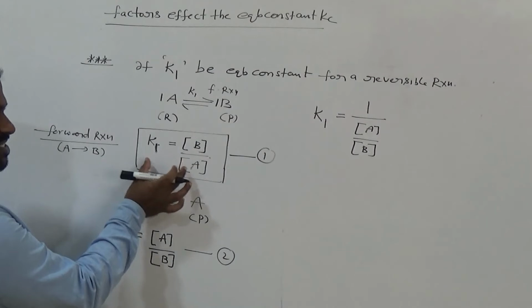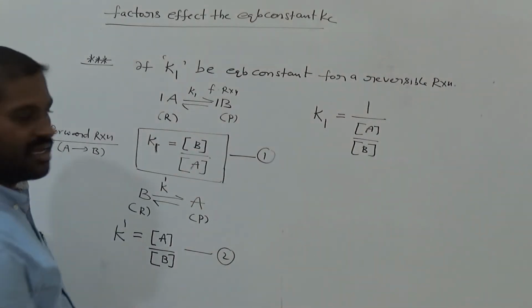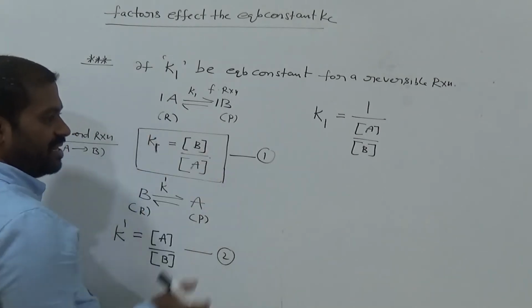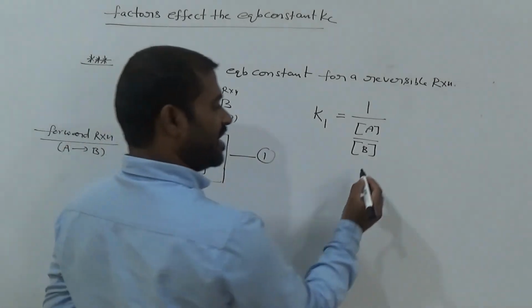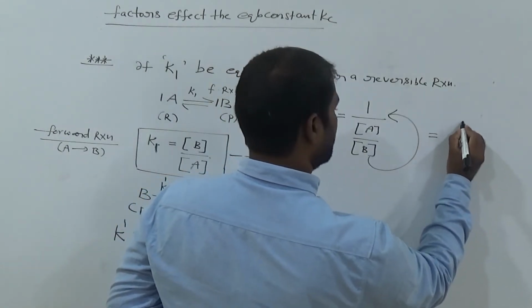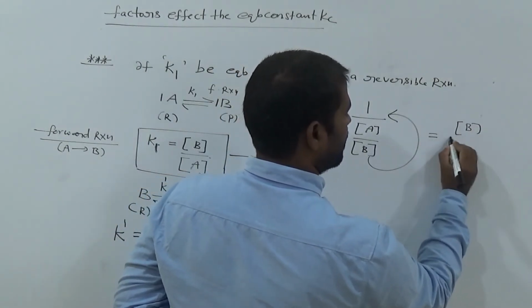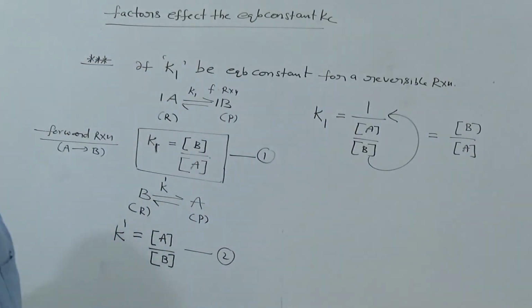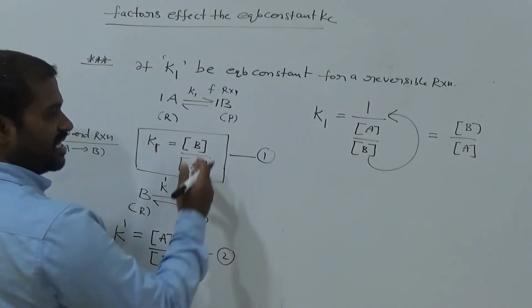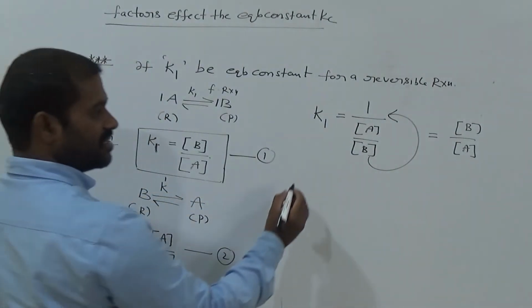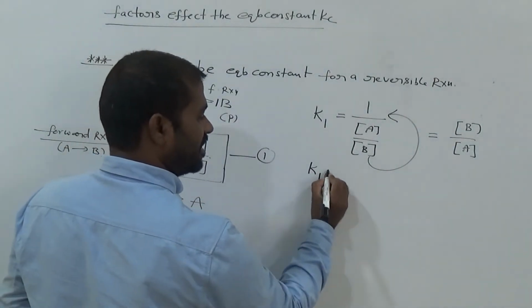The same expression can I write like this? 1 by molar concentration of A by 1 by molar concentration of B. So when it undergoes reciprocal, what happened? Again we get molar concentration of B by molar concentration of A. Am I right? Both are same.